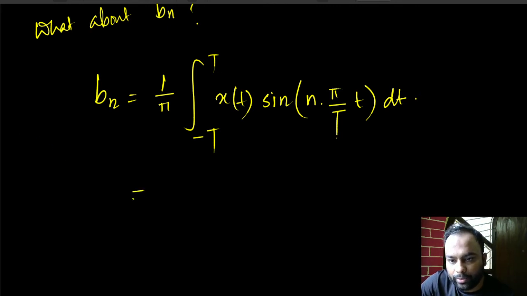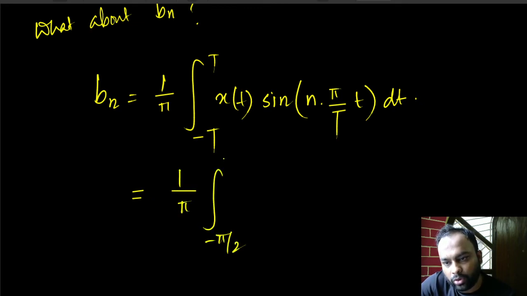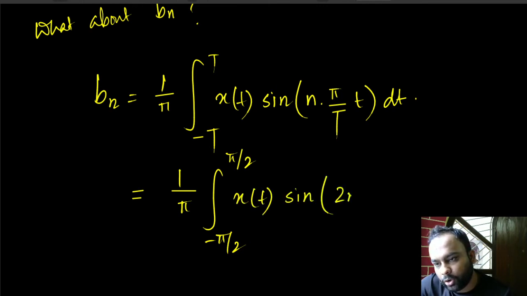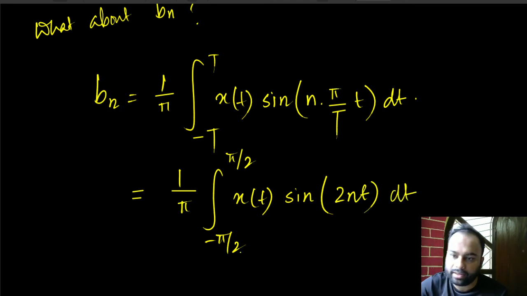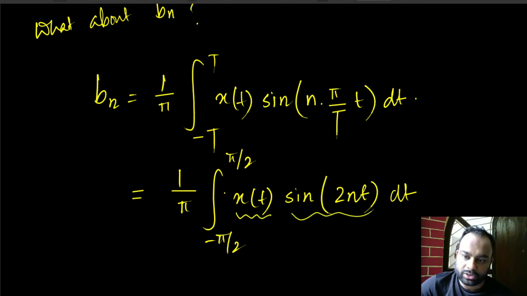So that would be, in this regard, the integral from minus pi by 2 to pi by 2 of x(t) sine 2nt dt, because capital T is pi by 2. But now you can see that this signal is even and this is odd, so the entire thing is odd, so this integral is 0, right? So all the bn values are 0.